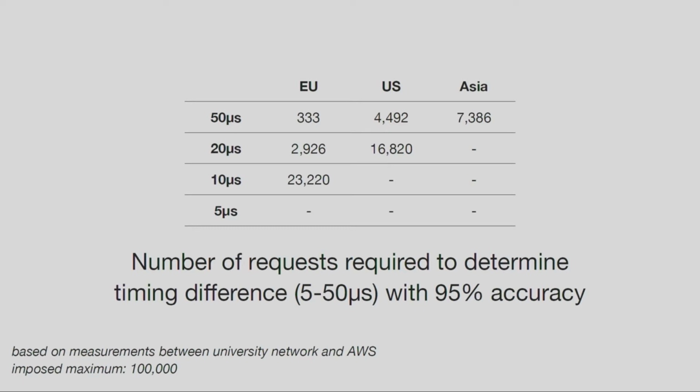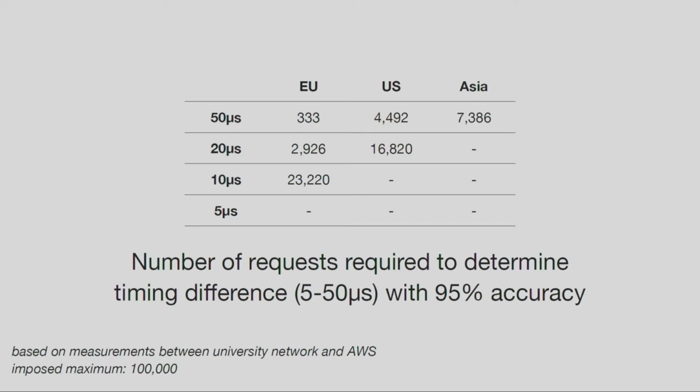For instance, for a timing difference of 50 microseconds, where the target server is also in the EU, it took 333 requests to be 95% sure that we have the correct result.